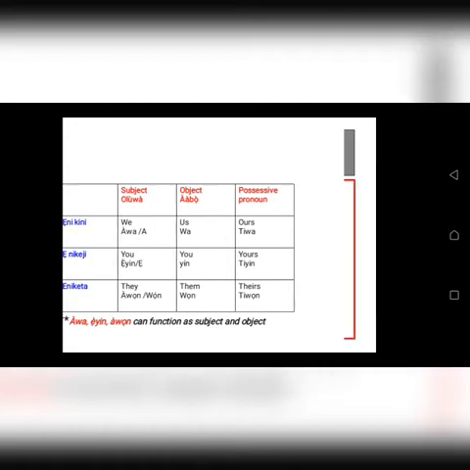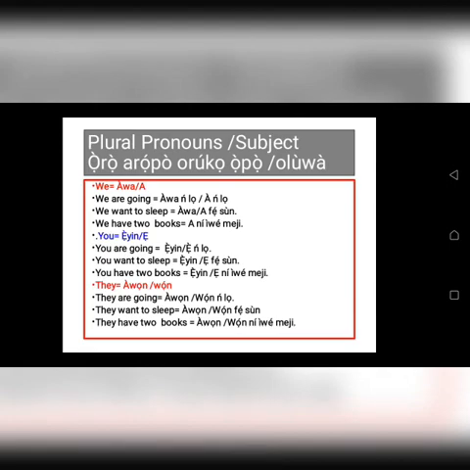Now let's go to some examples of plural pronouns in a sentence. For example, we, don't forget that is first person plural pronoun in the position of a subject. We are going. If I want to say that in Yoruba, we say àwa ń lọ, or à ń lọ.